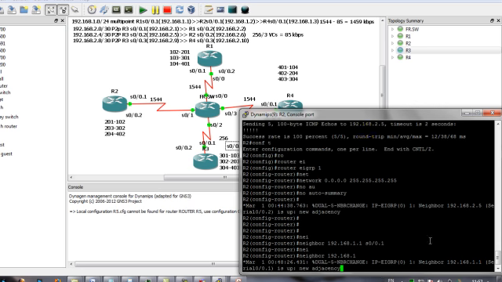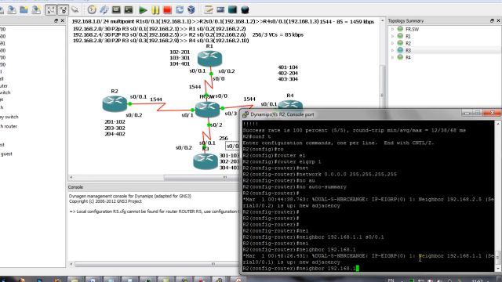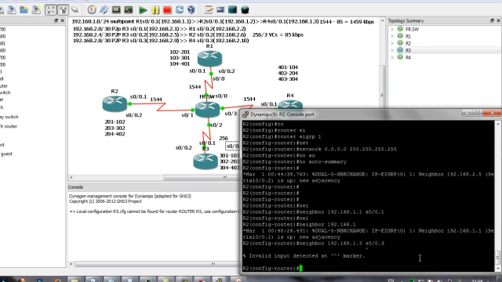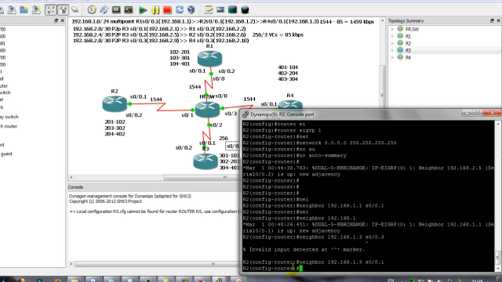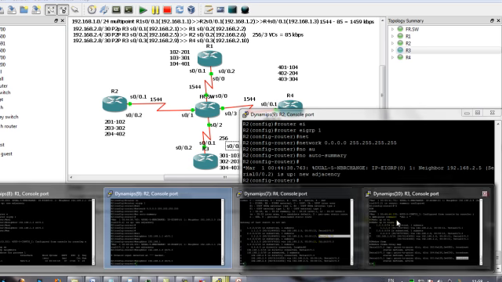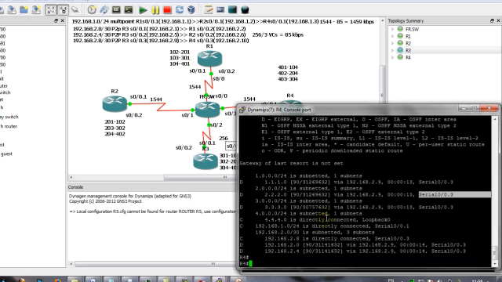Yes, look at this, he makes new adjacencies with router 1, so that's good. So why is this not happening? 0.0.1, sorry, not 3. So now go to router 4, complete the adjacencies here, conf t.